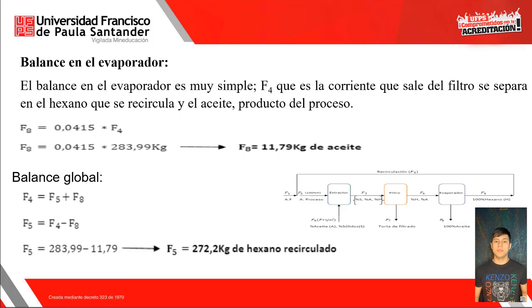We carry on with the balance in the evaporator. The balance in the evaporator is very simple. The stream that comes out of the filter separates into the hexane that is recirculated, and the oil, a product of the process. Replacing the data in the equation gives us the result.